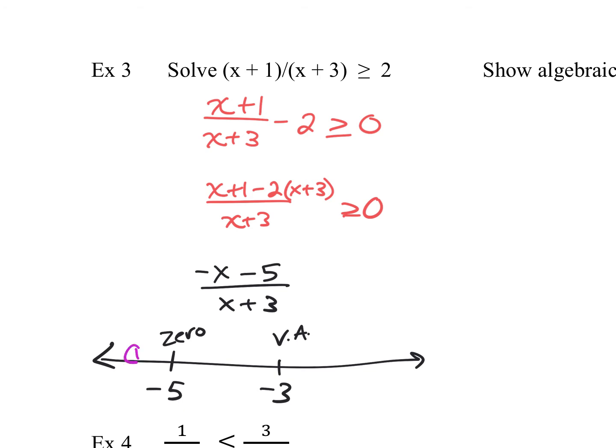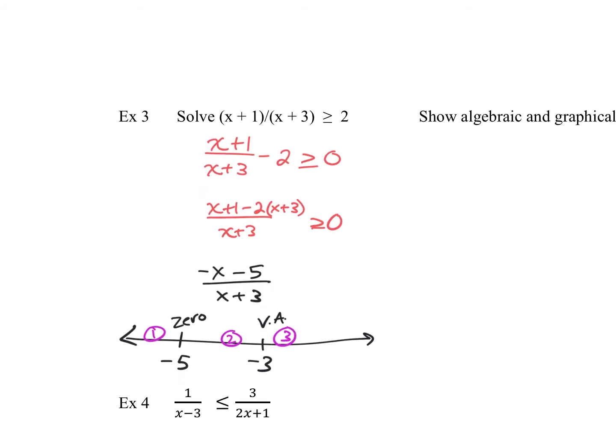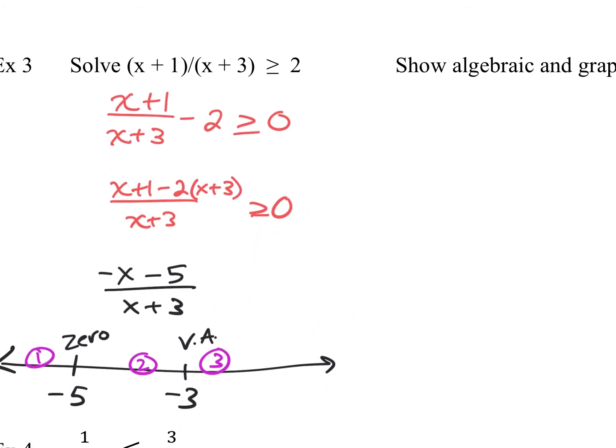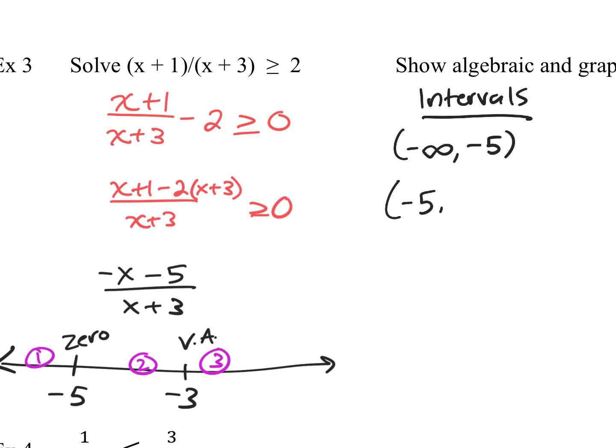So again, I'm going to create 1, 2, 3 intervals that I can now check. The first interval I'm going to check goes from negative infinity to negative 5. My second interval will go negative 5 to negative 3. And finally, my third from negative 3 to infinity.